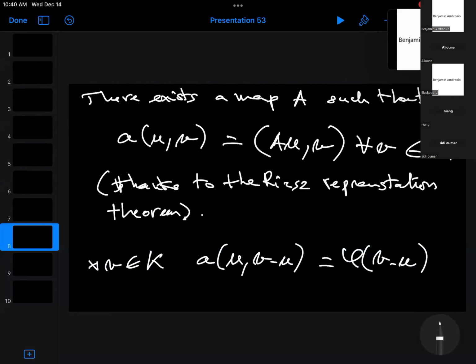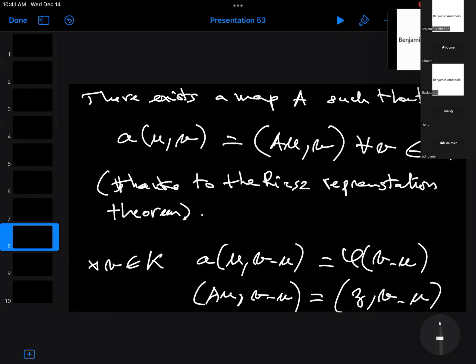Now with what I have done, I can rewrite this thing as (Au, v minus u), and this is nothing but (z, v minus u).